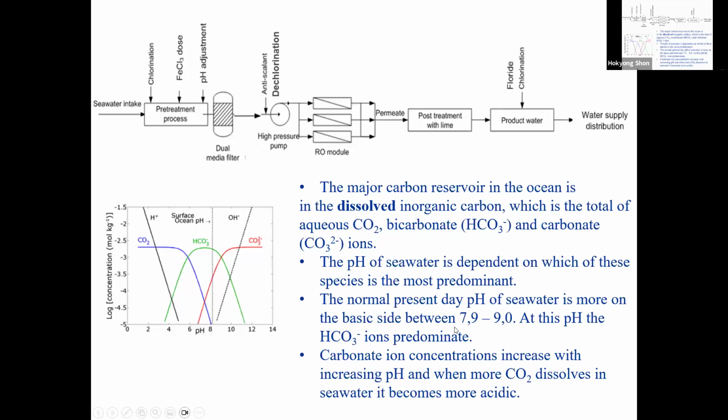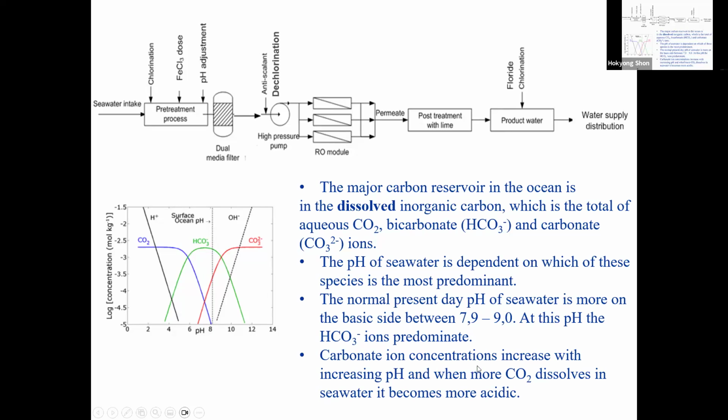This is the reason why the pH of seawater is basic, between 7 and 8. At this level, bicarbonate is predominant, and that's the reason why the pH is about 8.